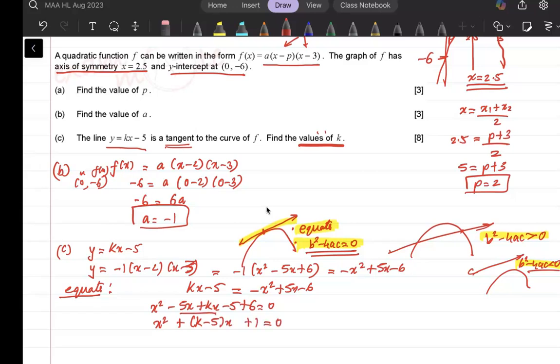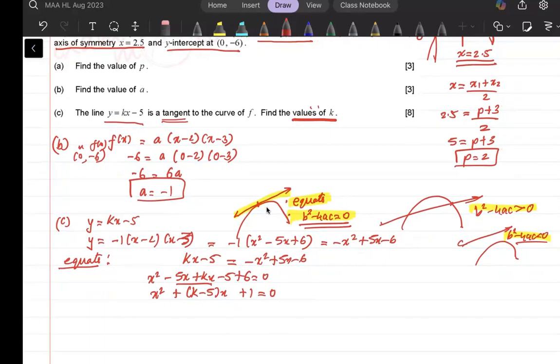This is very important: you arrange your equation in ax² + bx + c. Since it's a tangent, b² − 4ac is equal to 0. Here a is 1, the coefficient of x², b is the coefficient of x, which is k − 5, and c is equal to 1.